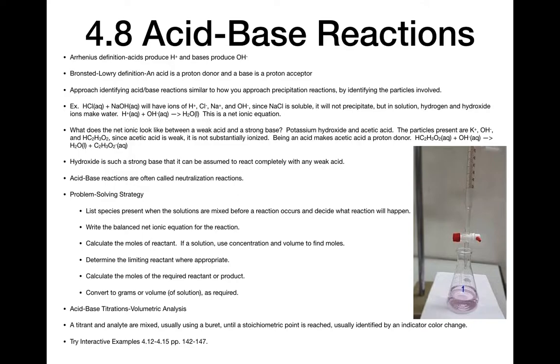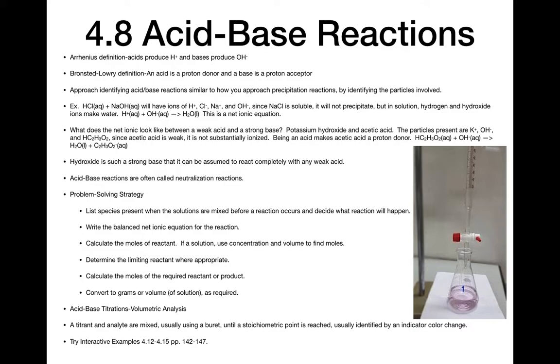Between a weak acid and a strong base, the weak acid is not written as ionized, and so the reaction will be between the hydroxide ion from the strong base and the unionized acid molecule. So an example might be acetic acid and potassium hydroxide.